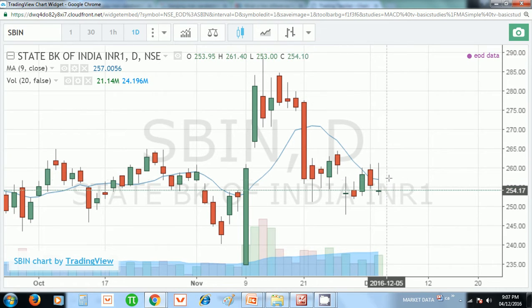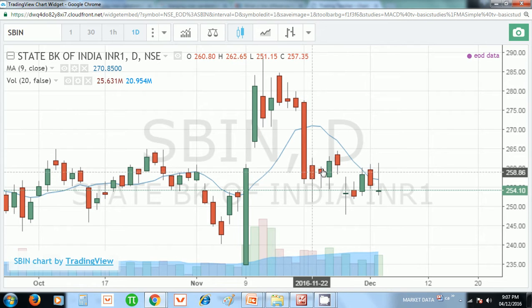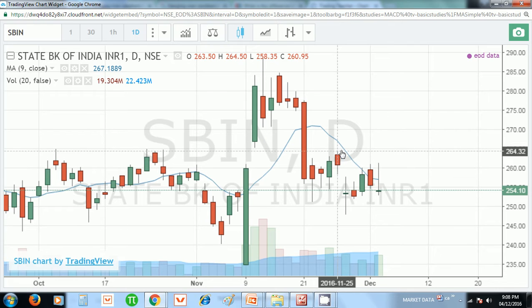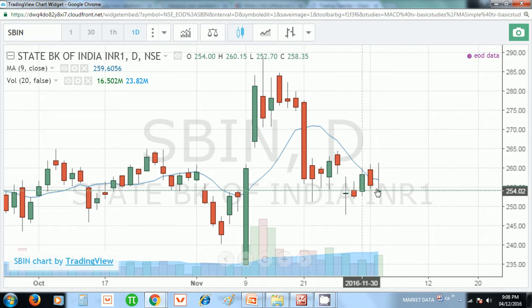If you observe clearly, on 23 November we found the hammer pattern here, and the current trend was a downtrend, and the market goes up some points. After this, we closed here at 259, around 260, and the market changed trend, but this hammer is not that strong.